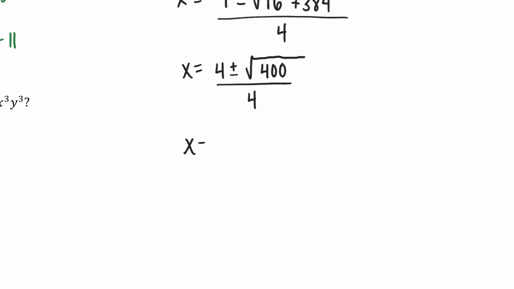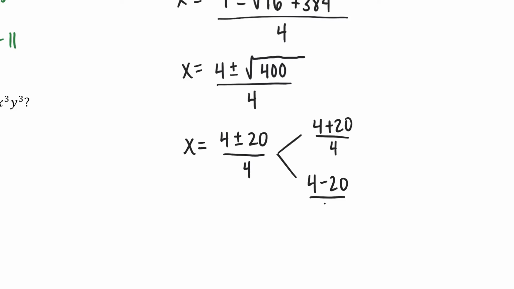Okay, so let's do that. We've got x is equal to 4 plus or minus, and when you actually do the square root of 400, it's 20, over 4. And so what you've got now is two scenarios. You've got either 4 plus 20 over 4 or 4 minus 20 over 4. These are going to be your two solutions.